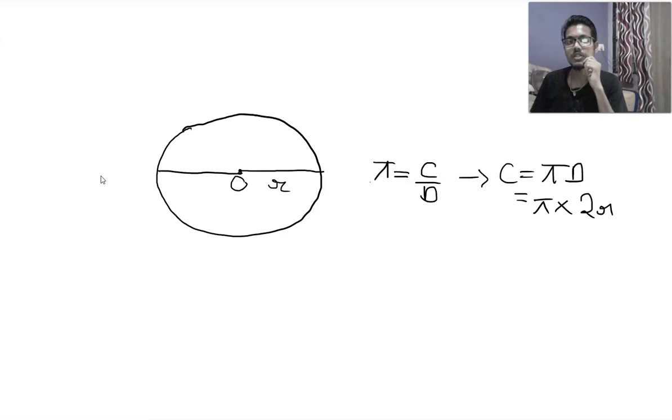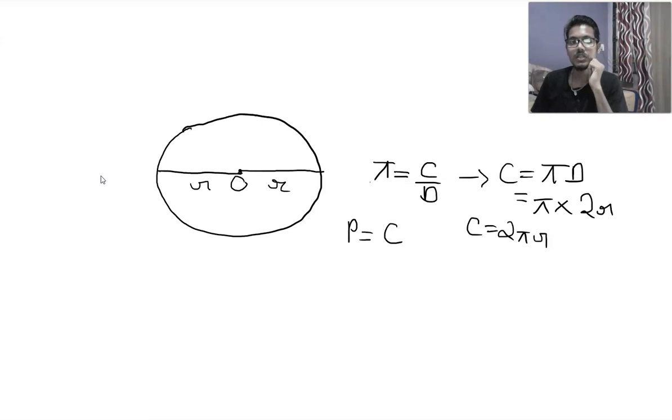So the circumference of a circle is 2 pi r. In a circle, the perimeter is equal to the circumference.